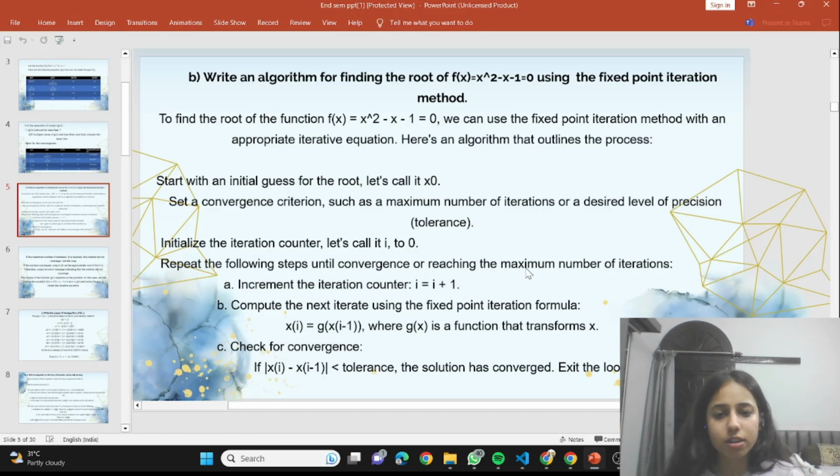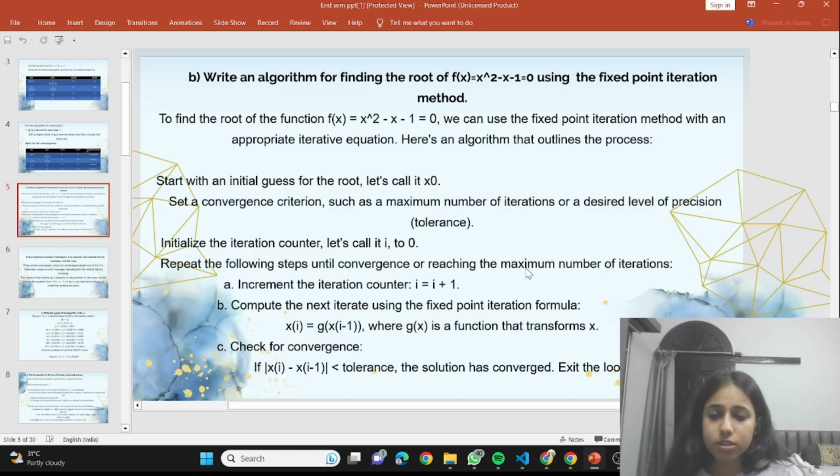Repeat the following steps until convergence or reaching the maximum number of iterations. Increment the iteration counter I equal to I plus 1. Compute the next iterate using the fixed point iteration formula xi is equal to g(x(i-1)), where g(x) is a function that transforms x.